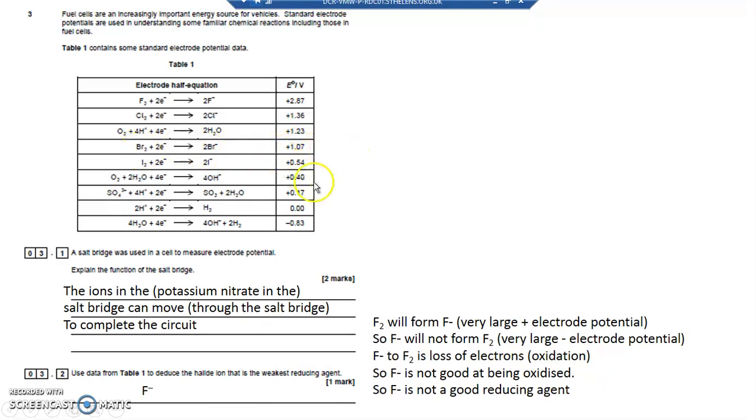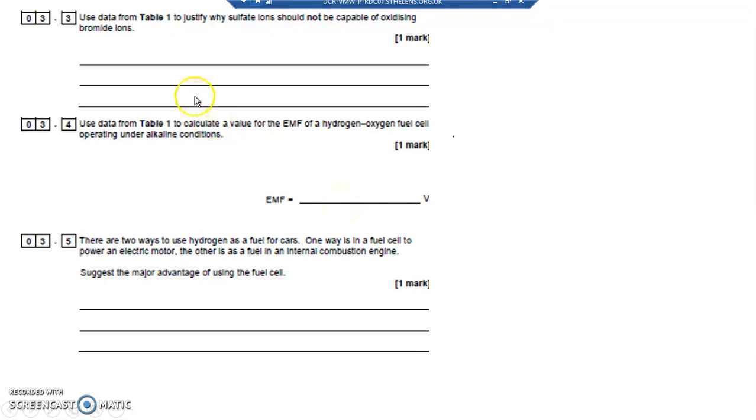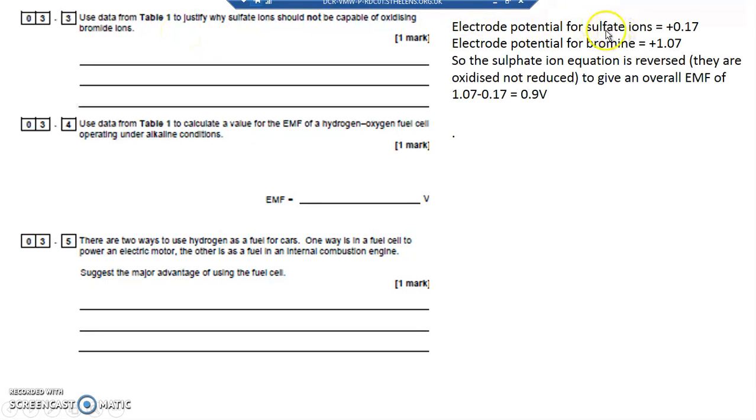So that's the way it would go rather than the other way around. So sulfate ions should not be capable of oxidizing bromide ions. That's true because the sulfate ion has a lower electrode potential than the bromide ion. If either of them is going to be reversed, it's going to be the sulfate ion, minus 0.17, to give an overall positive value of 0.9.